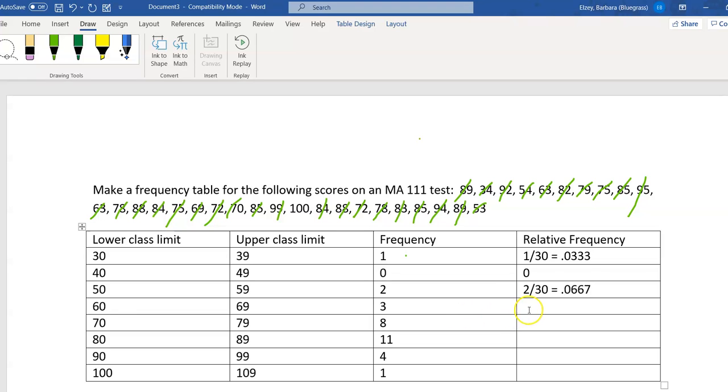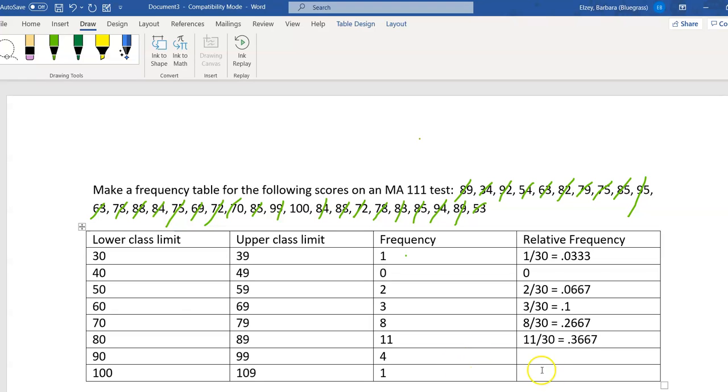If we round that off, 3 out of 30, now that's 0.10, so 1/10. 8 out of 30, let me put that in there, is, so we've got almost 27% who are scoring in the C's in this, and 11 out of 30, 36, oops.